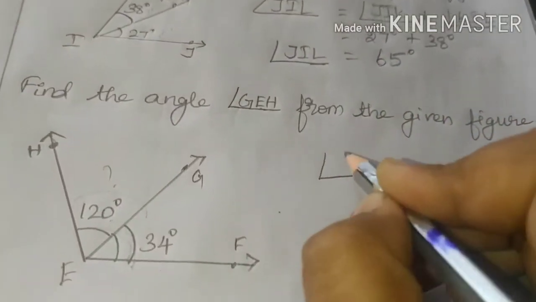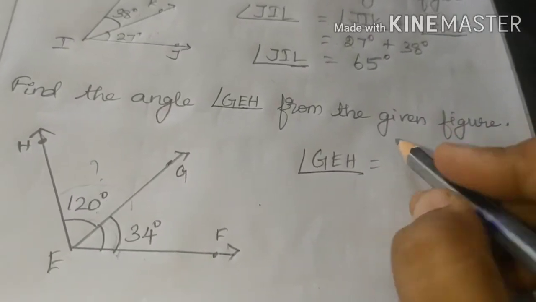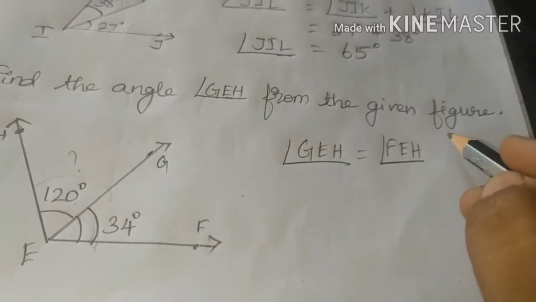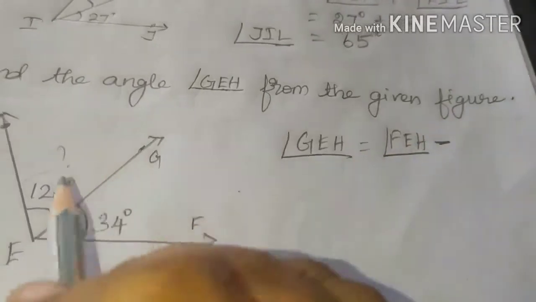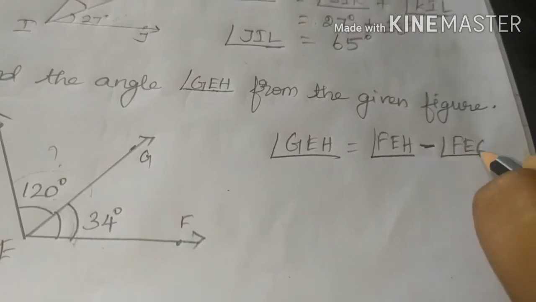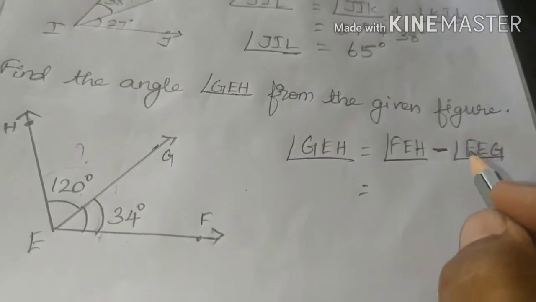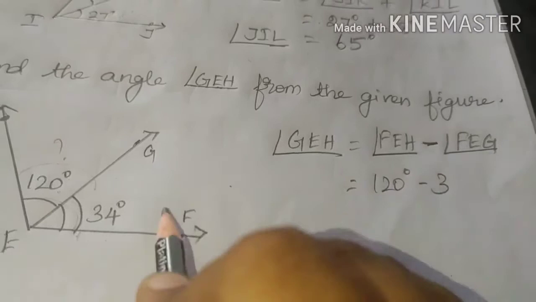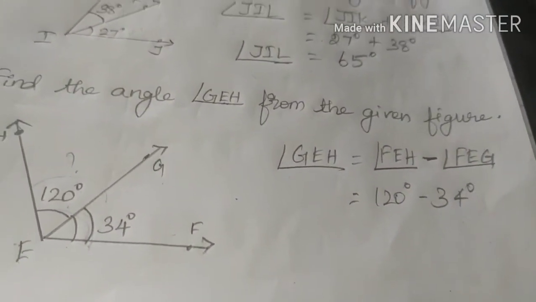Can we find it now? Angle GEH equals angle FEH minus angle FEG. So these also have the same midpoint, so these are also adjacent angles. So FEH is 120 degrees minus FEG, which is 34 degrees.